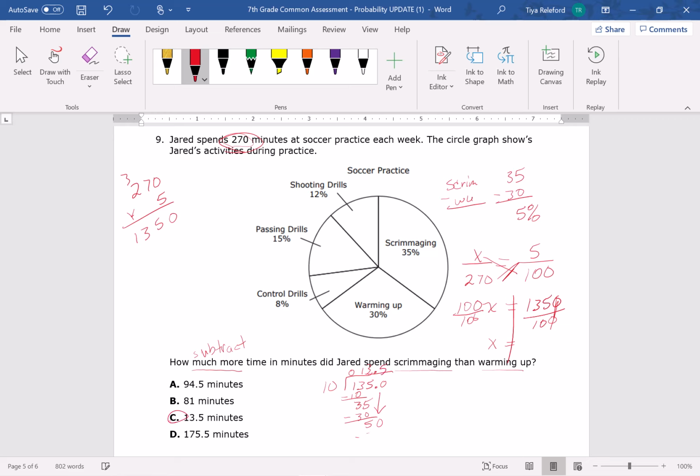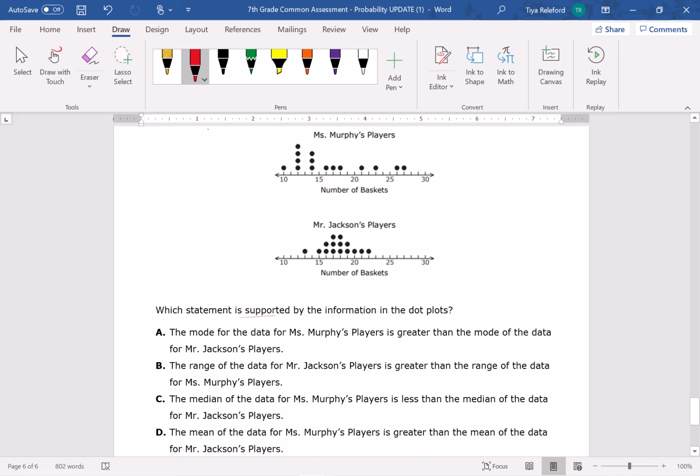All right. 10 says the number of baskets made by Ms. Murphy's and Mr. Jackson's basketball players are shown on the dot plots below. Which statement is supported by the information on the dot plots? Supported means true.